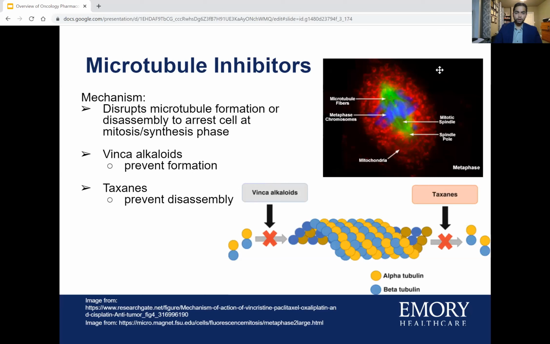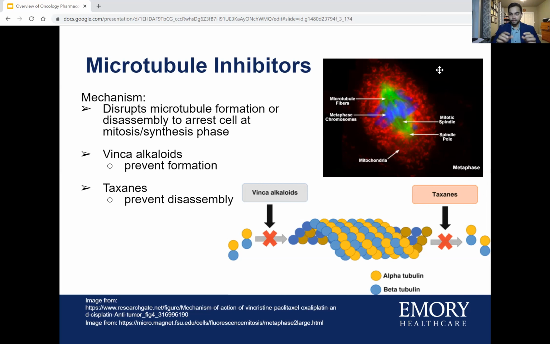So next we have our microtubule inhibitors. This is another class of agents within the big umbrella of chemotherapy agents. And they disrupt microtubule formation, either by preventing the formation or preventing the disassembly. And when you do this, you arrest the cell at the mitosis phase, and then the cell will die off.